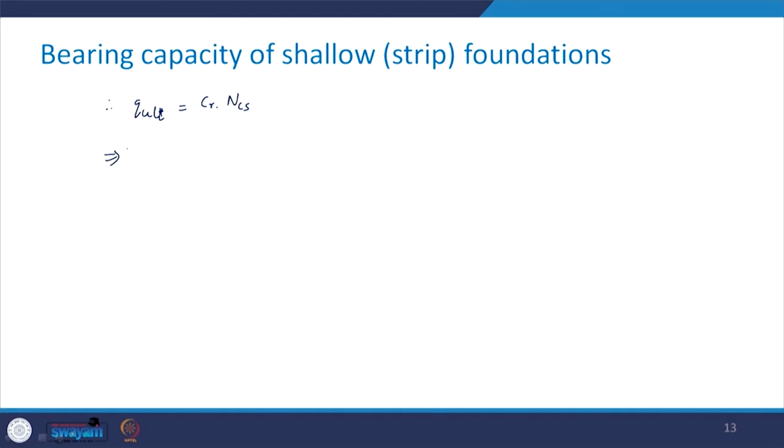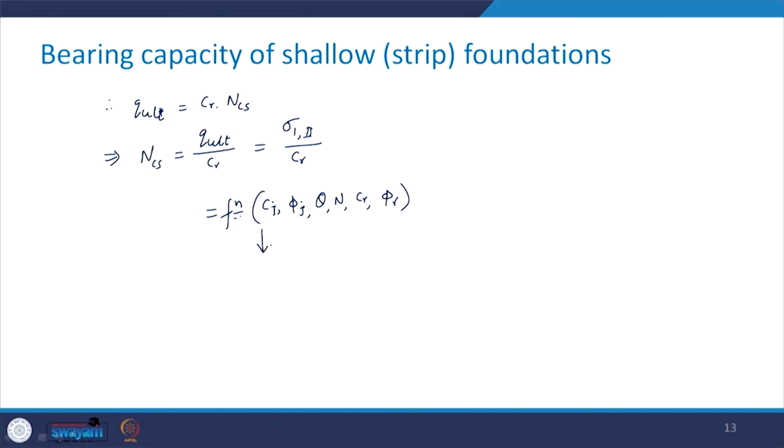So from here this NCS is going to be Q ultimate divided by CR, and this is going to be sigma 1 of zone 2 divided by CR, and this is the function of Cj, phi j, theta n, CR and phi r.